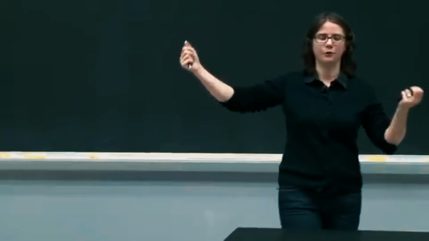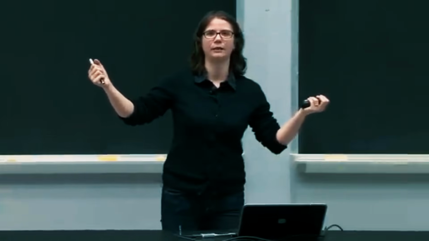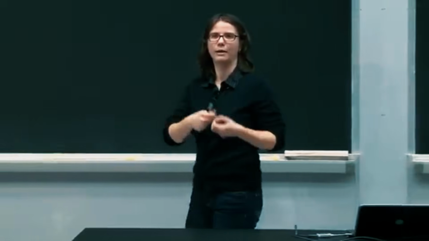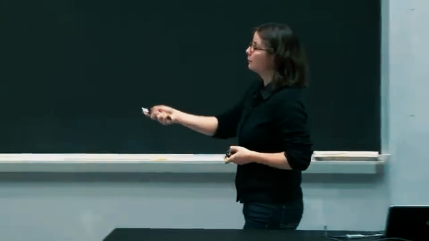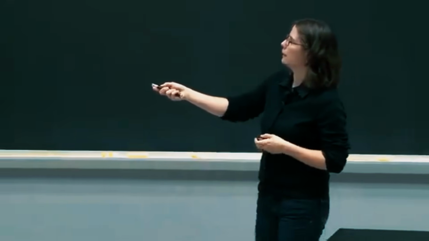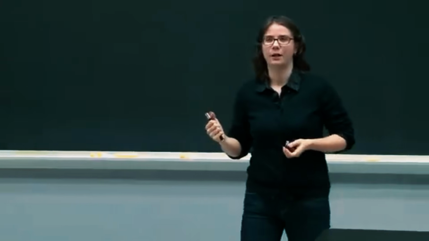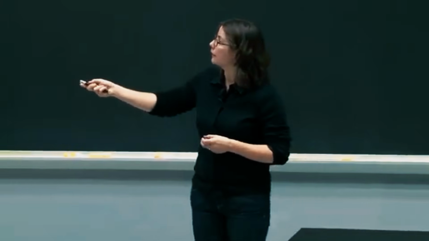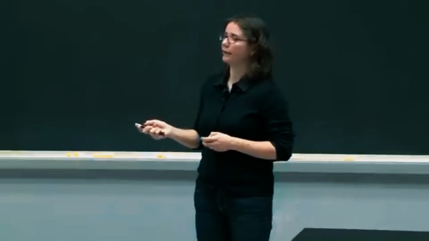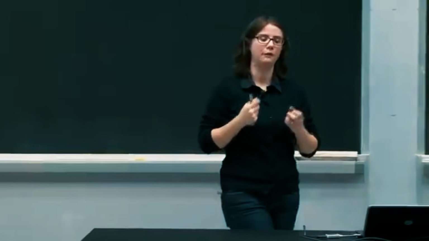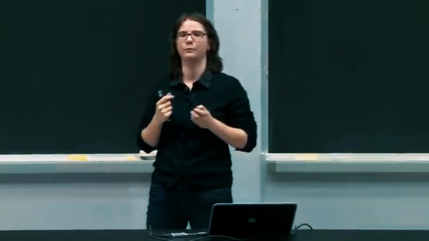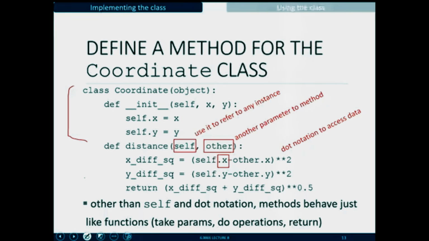Okay? So here I'm going to just implement the Euclidean distance formula, which is x1 minus x2 squared plus y1 minus y2 squared, and square root of all that. So that's what I'm doing inside here. Self and other are coordinate objects. Inside this method, I have to refer to the x data attributes of each object if I want to find the difference between the 2 x values from them. So that's why I'm doing self.x here, right?